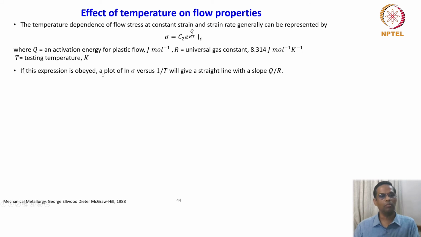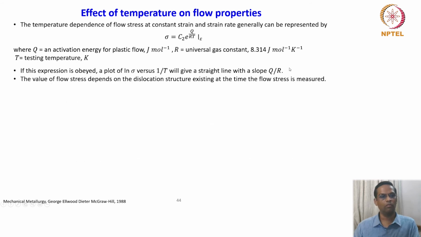If this expression is obeyed, a plot of ln sigma versus 1 by T will give a straight line with the slope of Q by R. So what is the point? The value of flow stress depends on the dislocation structure existing at the time the flow stress is measured. Dislocation structure will change with temperature, strain rate and strain.